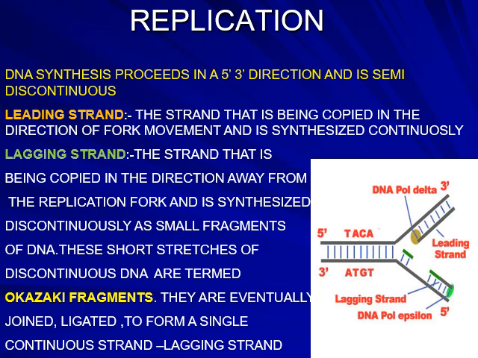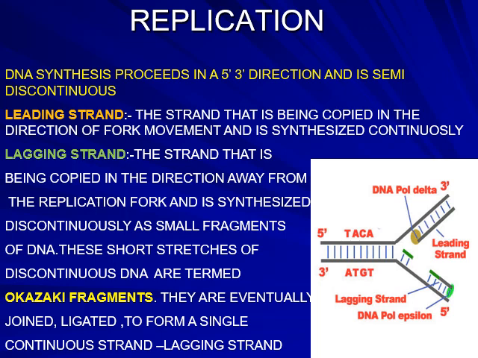The lagging strand is the one that is being copied in the direction away from the fork movement. The leading strand maintains the polarity and continuously synthesizes in the 5' to 3' direction. Now the lagging strand cannot synthesize in this way. It has to synthesize away from the fork movement.